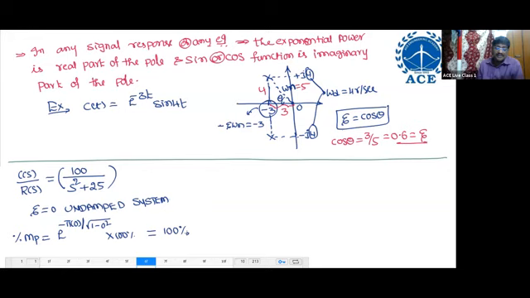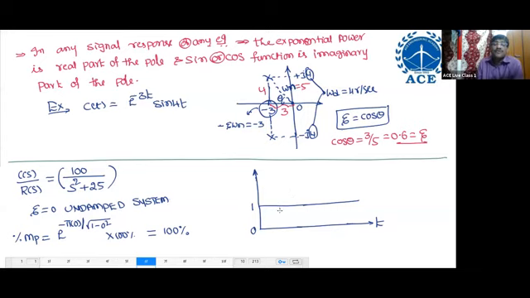What is the meaning of 100% peak overshoot? Anybody? 25% peak overshoot means what? For example, the input is 1. 25% peak overshoot means 25% above the input, more than the input.